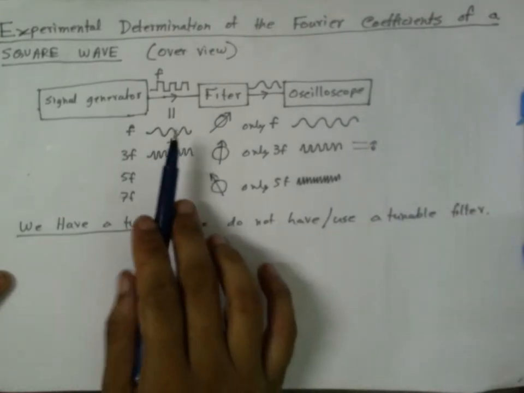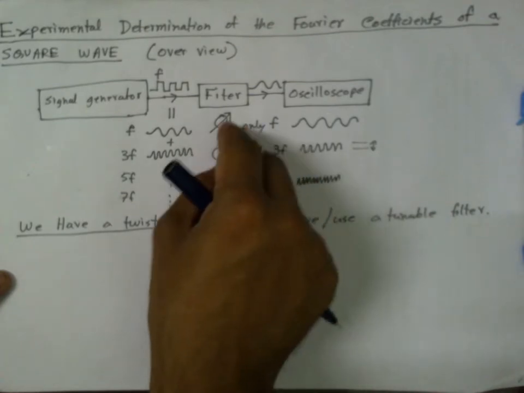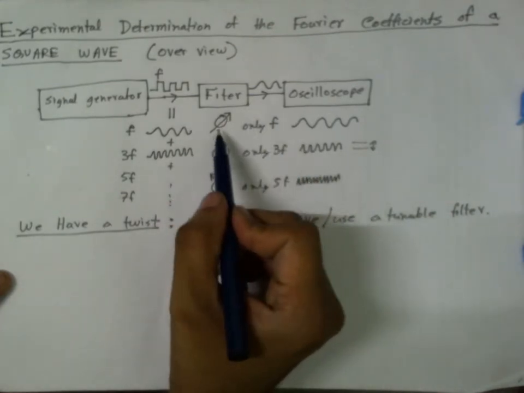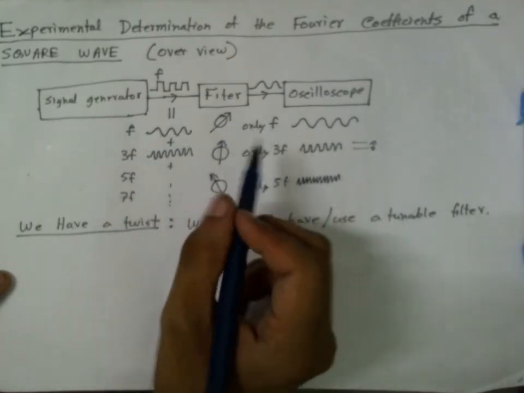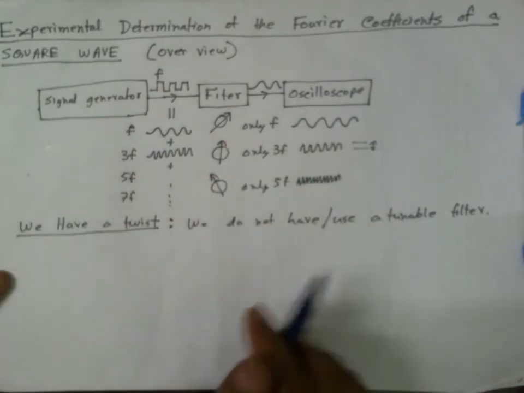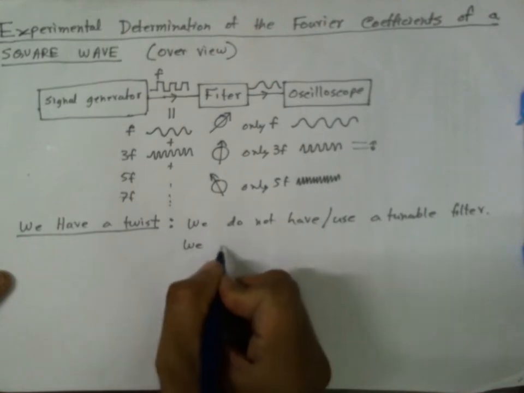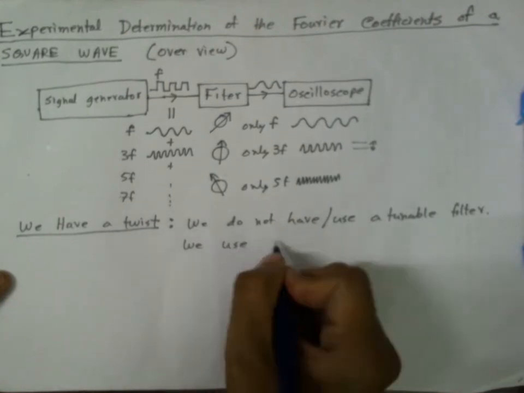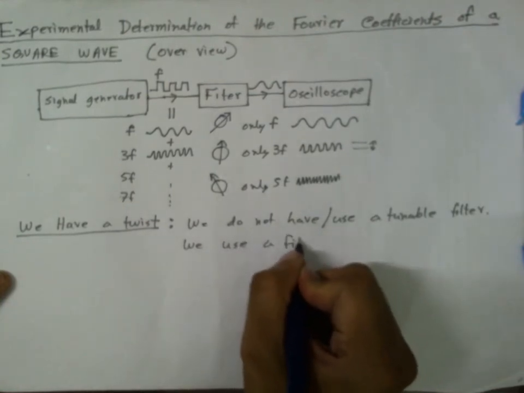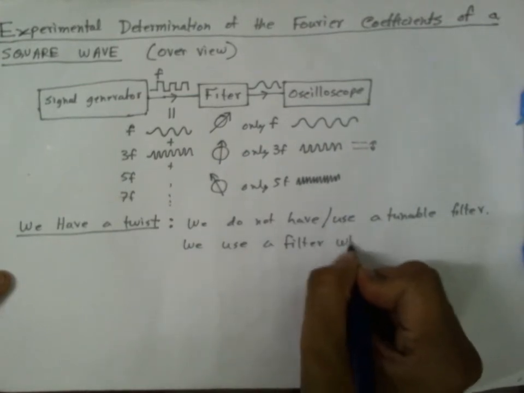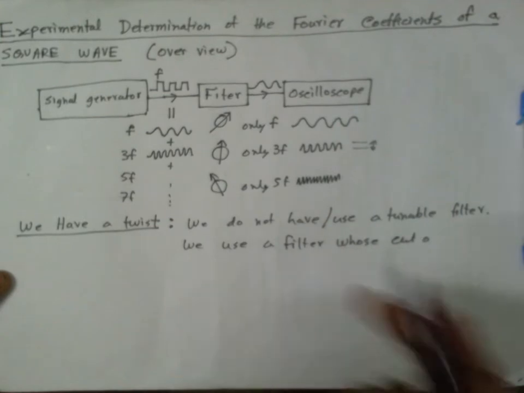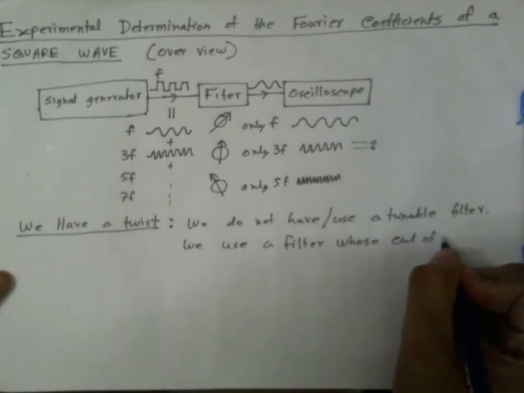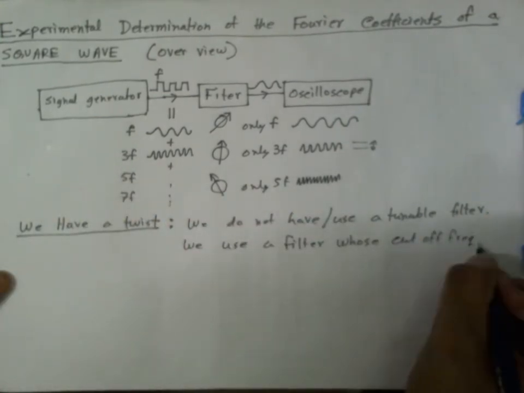We do not have a filter whose cutoff frequency, or the frequency that it allows to pass, is tunable or changeable. We use a filter whose cutoff frequency, or the frequency that it passes, is constant.